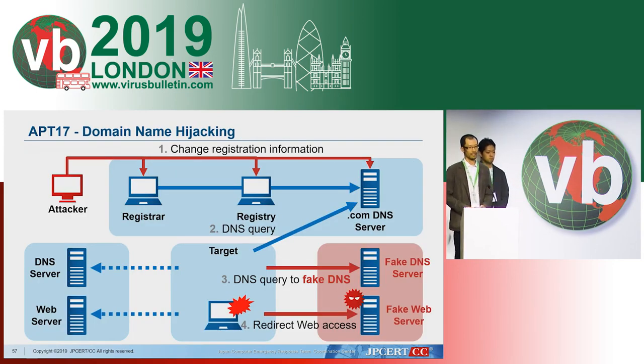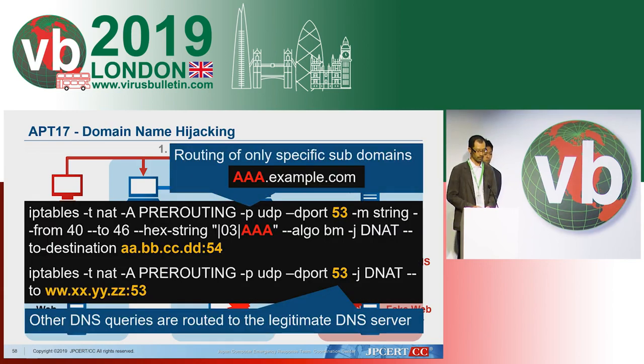Next, domain name hijacking. APT17 compromised the NS record so that the DNS query is redirected to a fake DNS server. Eventually, users are redirected to a fake web server. iptables was also used in this attack.